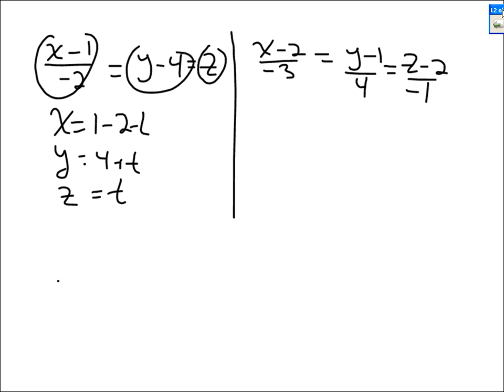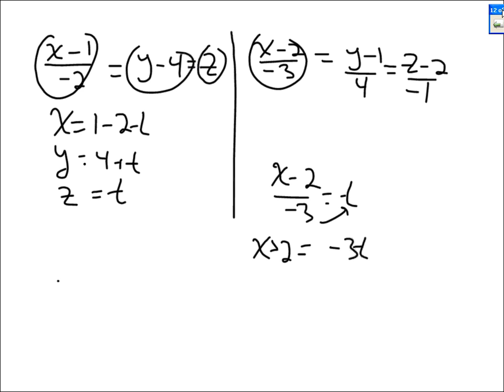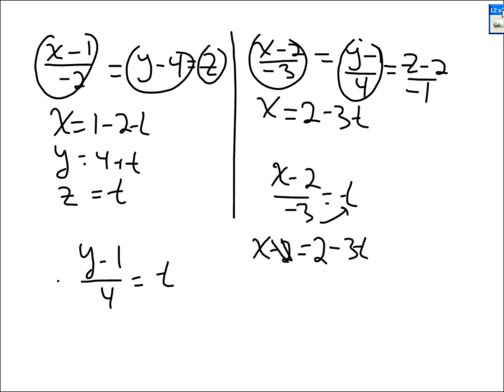Now the second line. This is t. Negative 3t is x minus 2. Bring the 2 to the other side. This is t. Y minus 1 over 4 is t. So 4t equals y minus 1. Add the 1 to the other side, and y is 1 plus 4t.